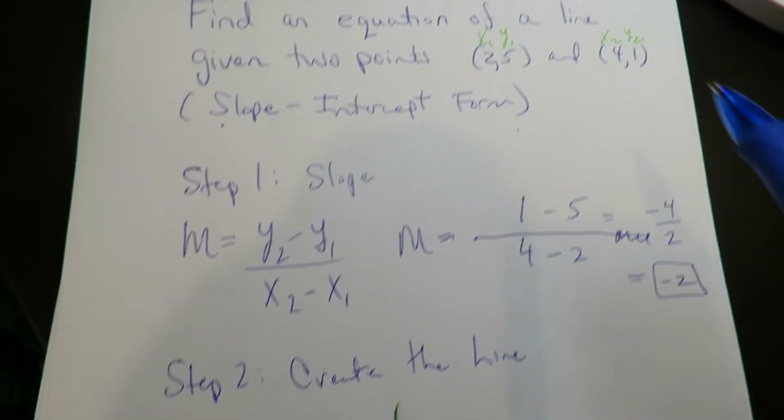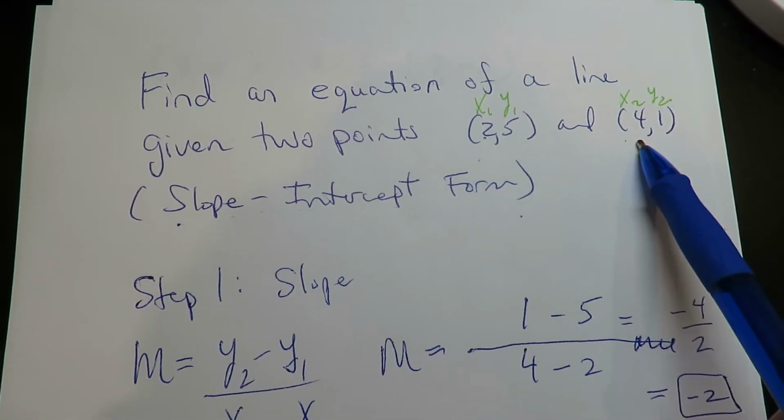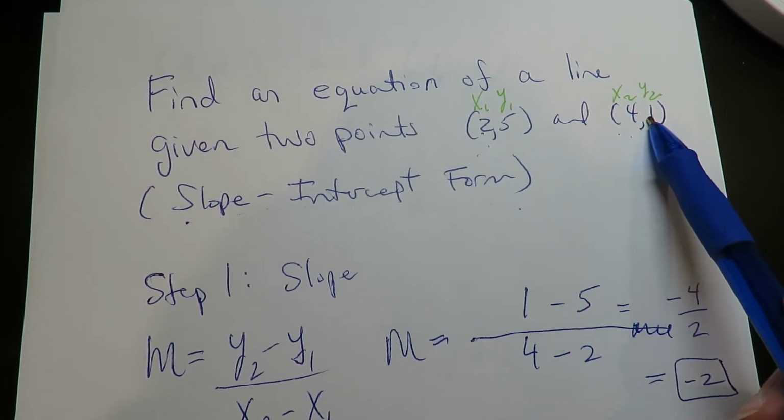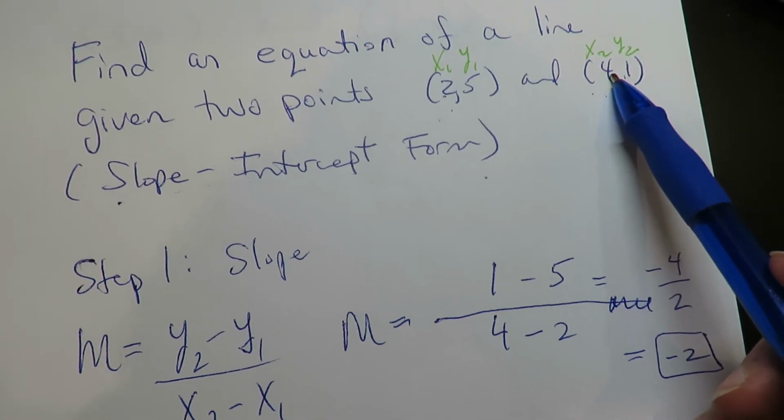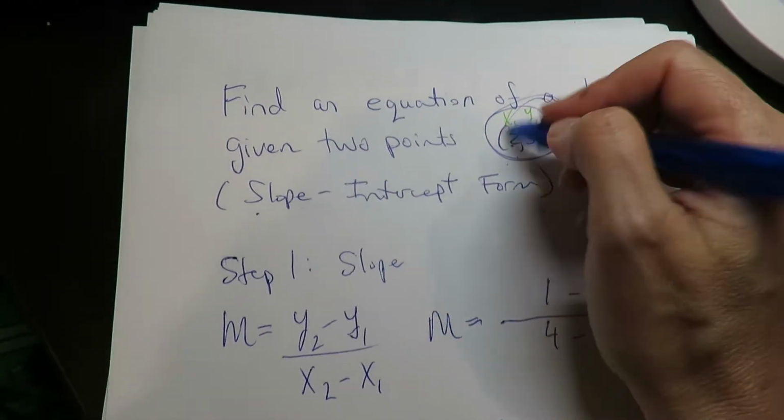How you find b is that you can use either of these points. Both these points are on the same line, so both of them will give you the same value of b. So let's say I pick this one.